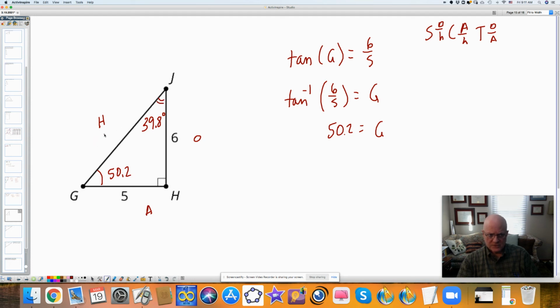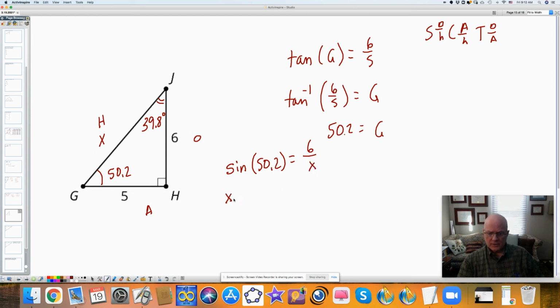To find this missing side, the hypotenuse, I could use either the sine or the cosine. The sine of 50.2 degrees is equal to the opposite divided by the hypotenuse.